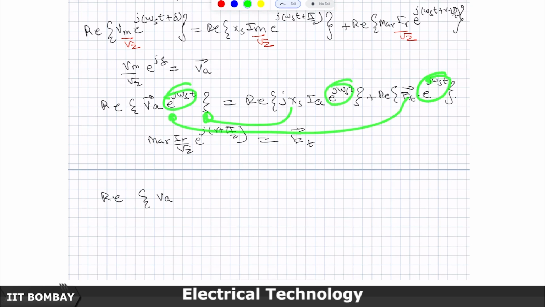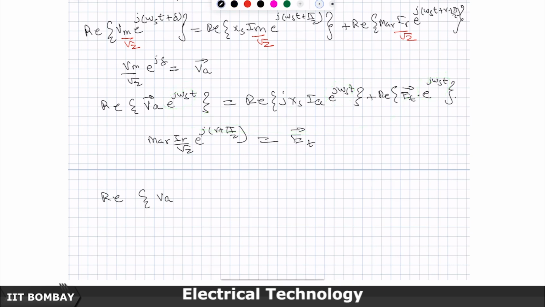So, I am going to take that as a common term, and hence I am going to write this as V A minus j X s I A minus E of t times, beautiful, no, so much simple it has become, the real part of this will become equal to 0.